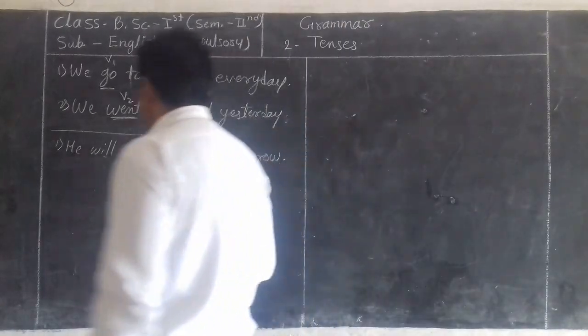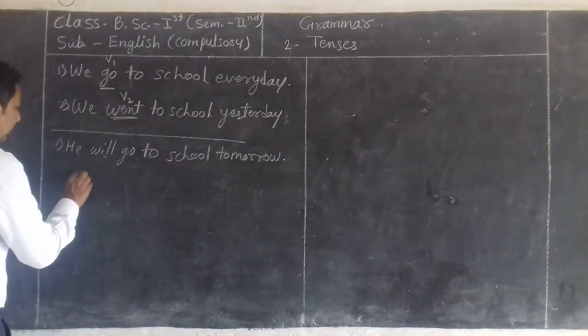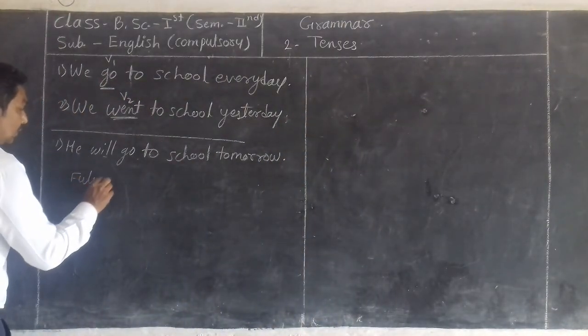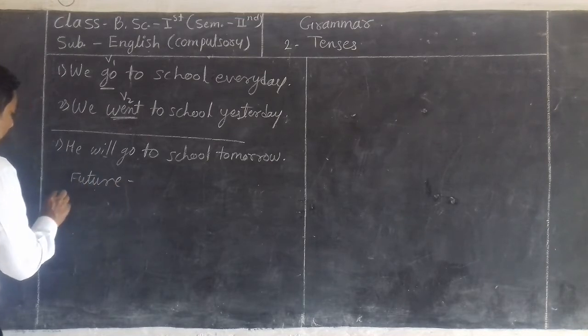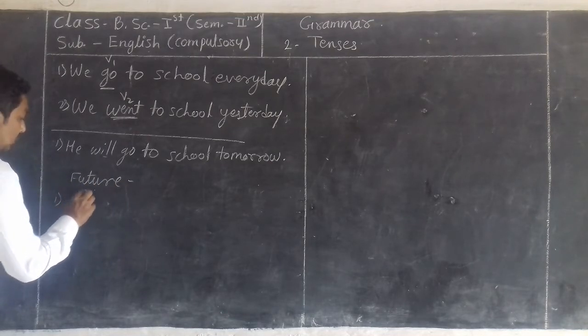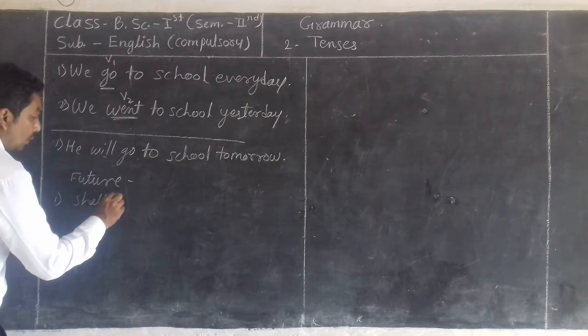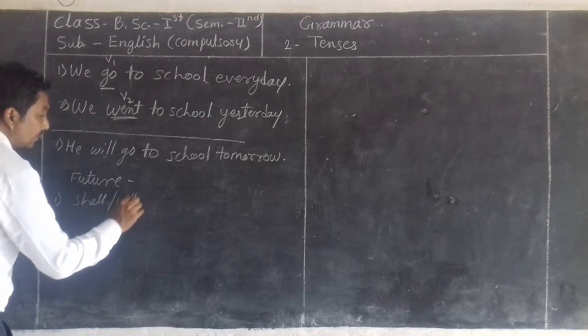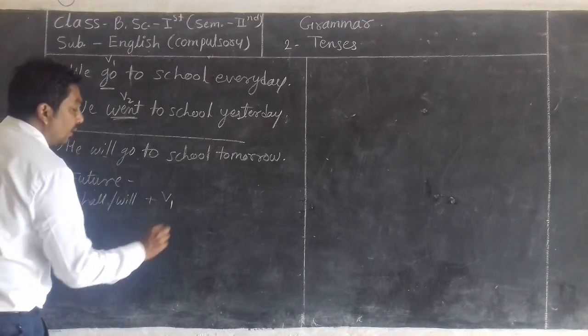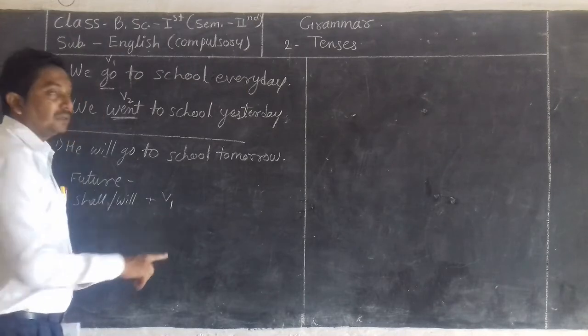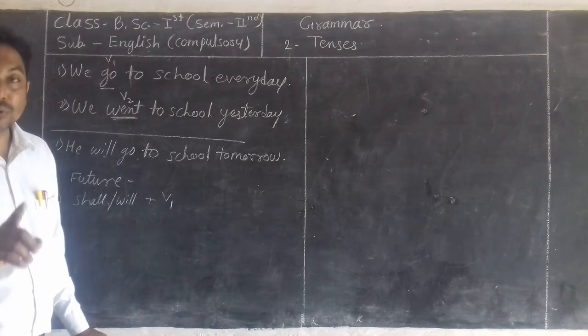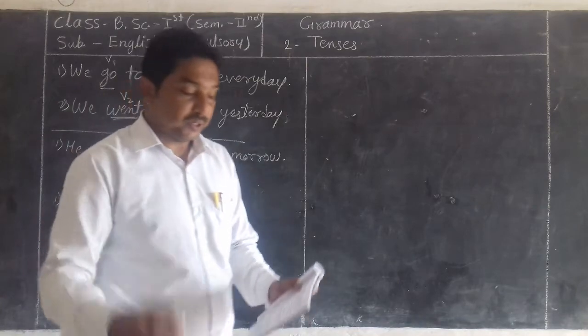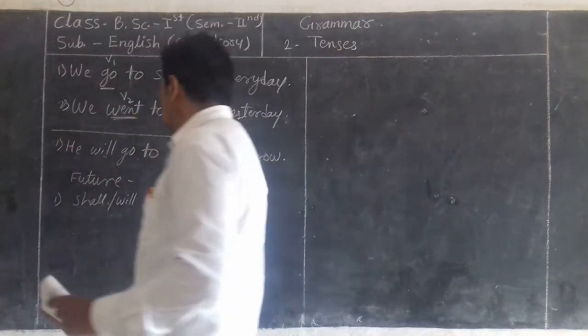So to indicate future, shall or will is used, and after that V1, the present form of the verb, is used to indicate future action. This is the first thing.